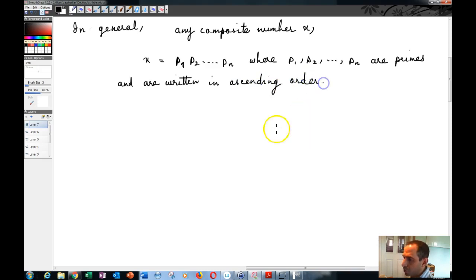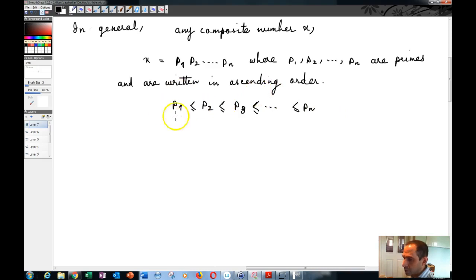Meaning that when I write the prime factorization of x in this notation, the convention is that you have to write it in ascending order, so you can then assume that p1 is less than or equal to p2, less than or equal to p3, all the way up to p of n.